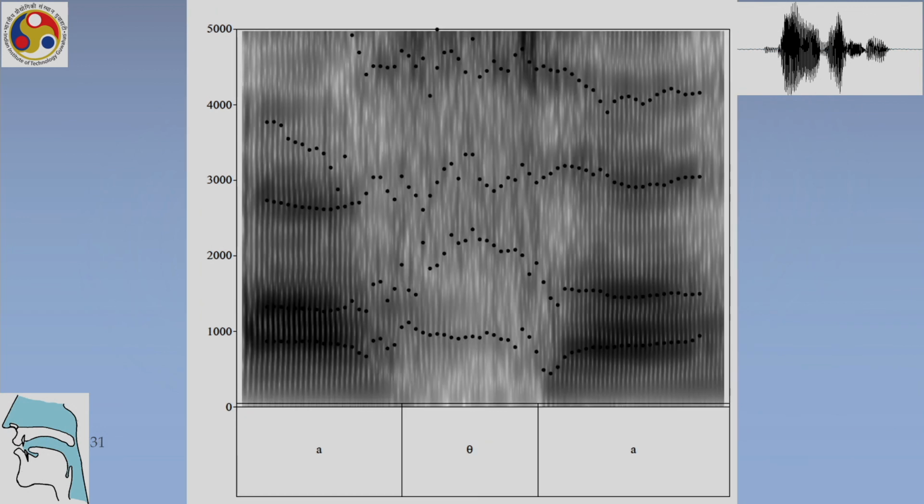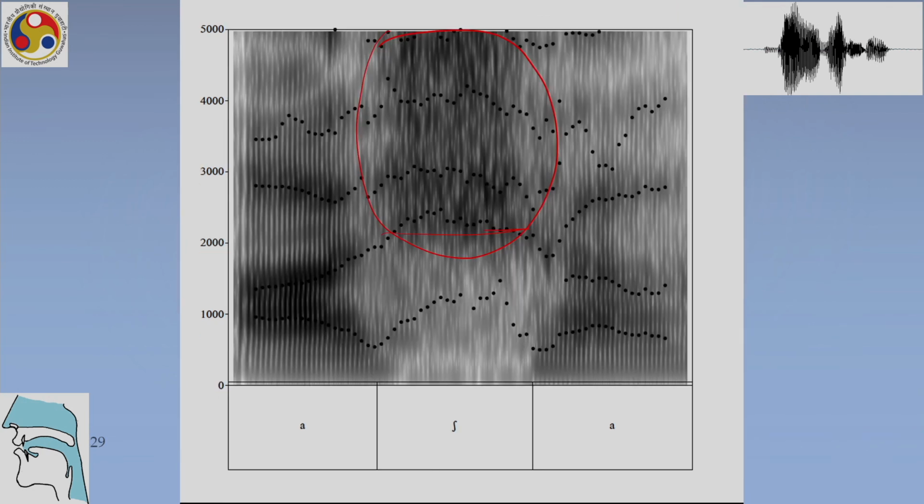Similarly for tha, atha. Here we have slightly higher energy than sha, but more faint than sa.